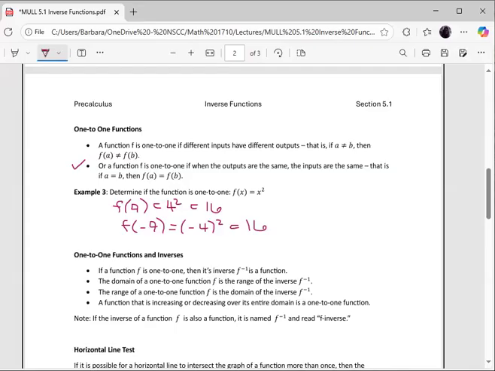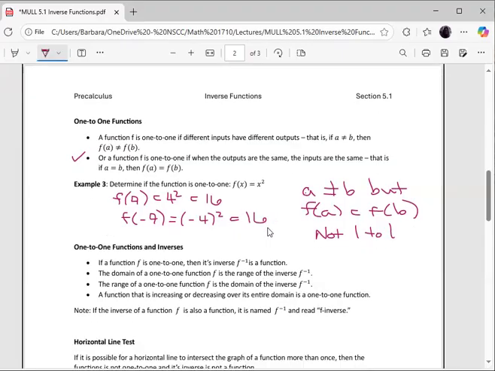So here we have a is not equal to b, but f of a is equal to f of b. And so that fails that second part. So this function is not one-to-one. But we have other ways of finding out whether a function is one-to-one, using the horizontal line test.